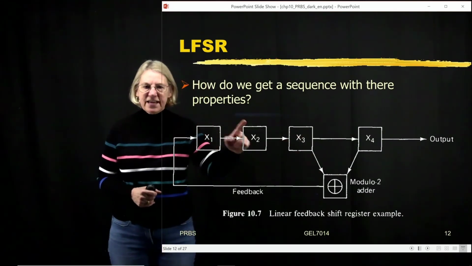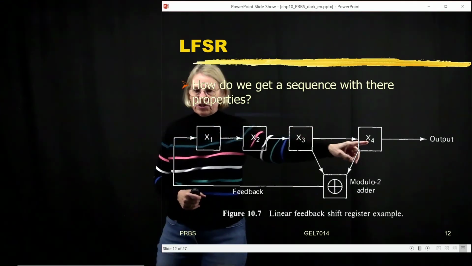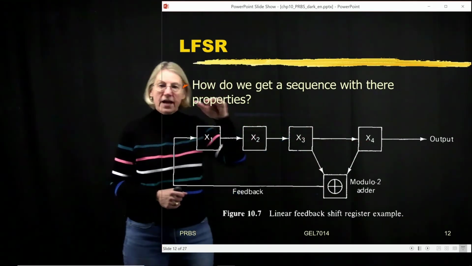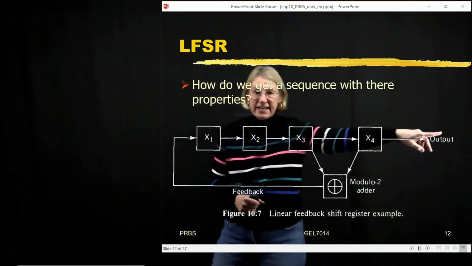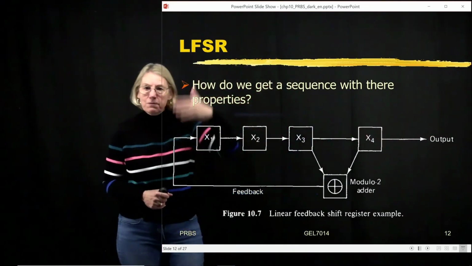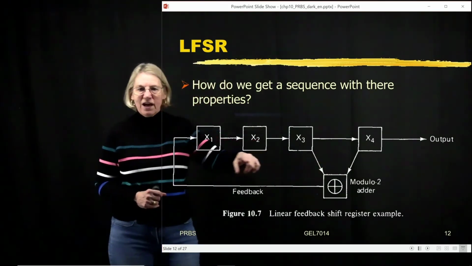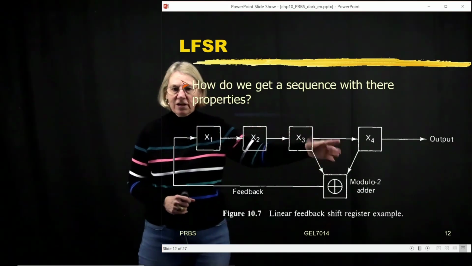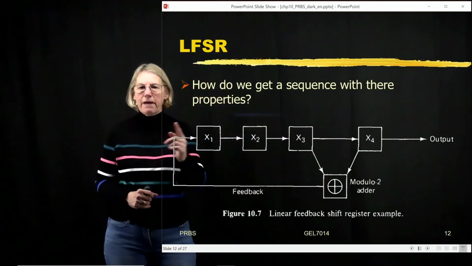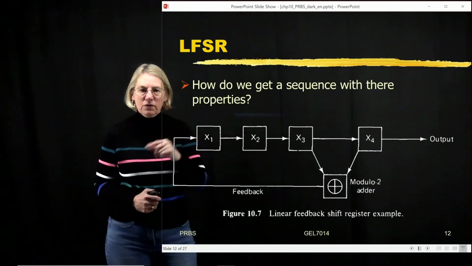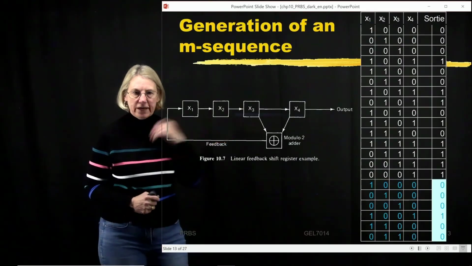In this example, there are 4 registers, and I cycle through them. And finally, I get the output. But the output is computed by looking at some linear combination of the registers in order to create the new feedback input.